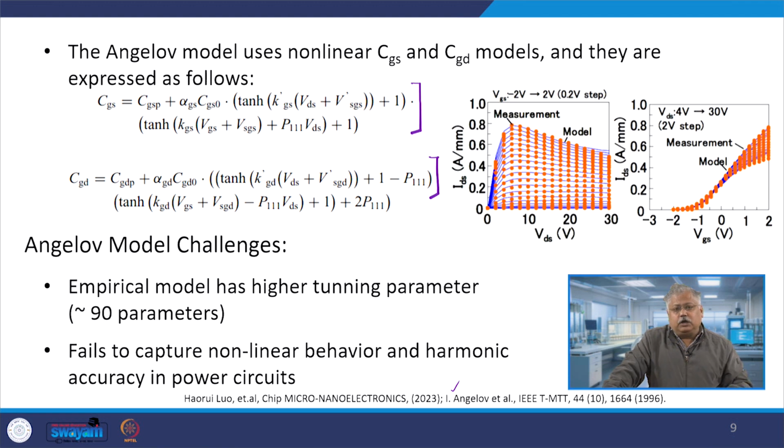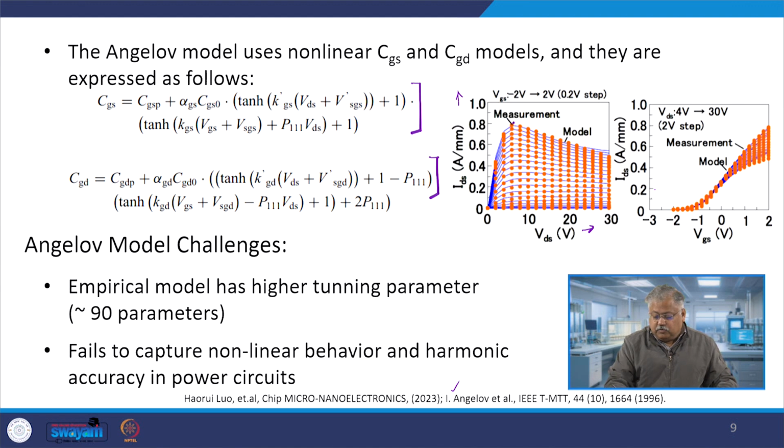The advantage of the Angelov model is its nonlinearity, that it is able to predict the nonlinear nature of the device. On the right hand side here, this shows the current versus drain voltage relationship, and as you can see, it goes to a maximum value here and then starts to fall as VDS becomes larger and larger.